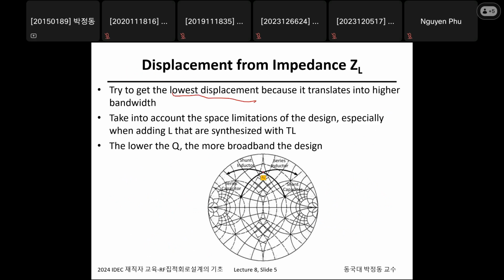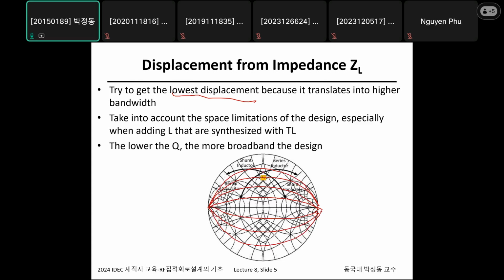Lowest displacement means we want to use the shortest transmission line length, or basically the lowest quality factor, that is the Q circle. Q circle is given by this.